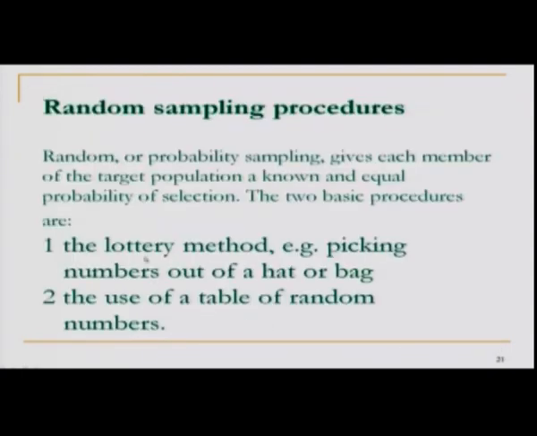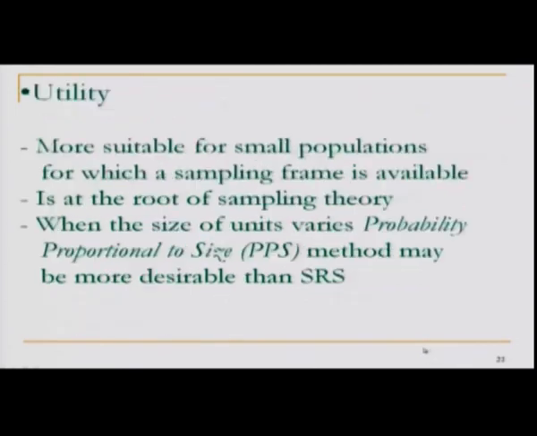Random sampling procedures: how do we get a simple random sample? It can be the lottery method of picking numbers out of a hat or a bag, but this method will apply to small populations only. You may also use the table of random numbers or computer generated random numbers to select a simple random sample.